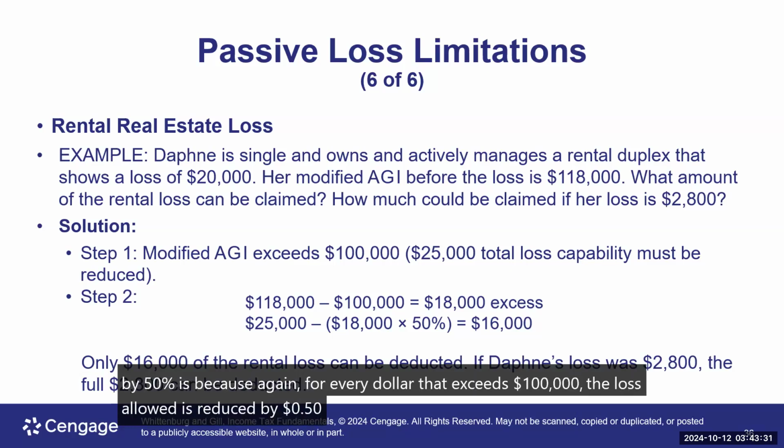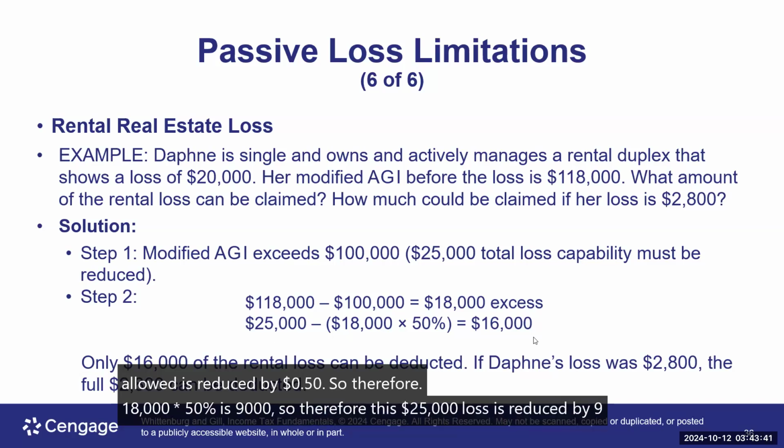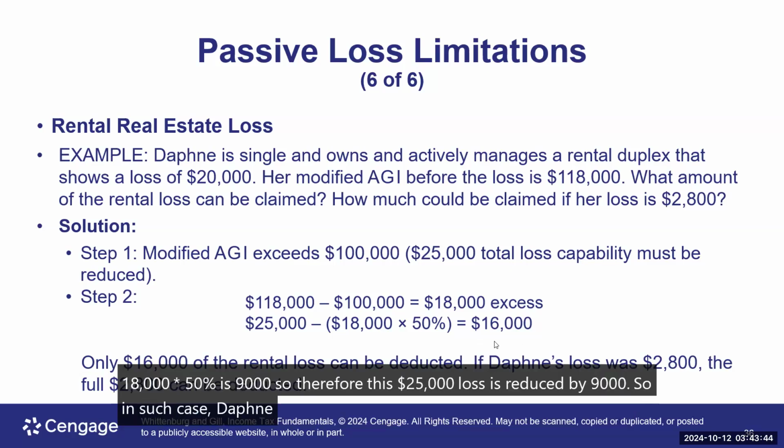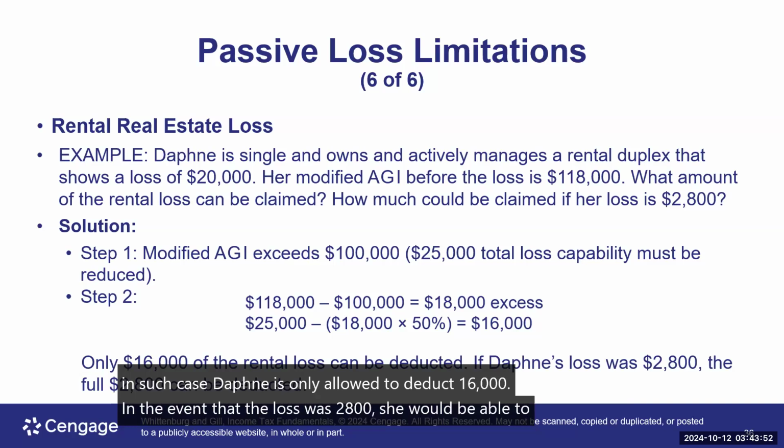So therefore, 18,000 multiplied by 50% is 9,000. So therefore, this $25,000 loss is reduced by 9,000. So in such case, Daphne is only allowed to deduct 16,000. In the event that the loss was 2,800, she would be able to claim the full $2,800 loss.